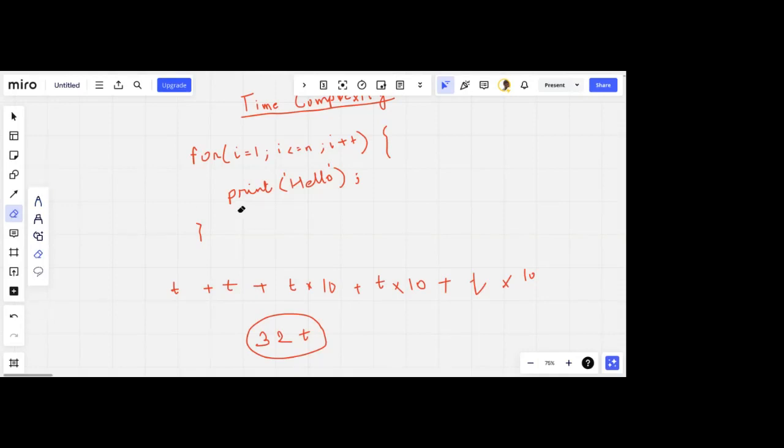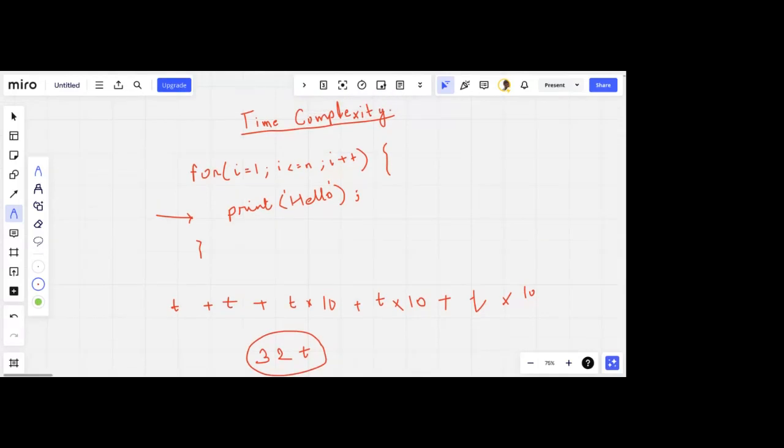Just see that if you are having a loop, what is the innermost statement? So this is the innermost statement. So to determine the time complexity, guys, one hack is you just determine how many times this inner statement would be printed. Okay. So how many times is this inner statement going to be printed? If you are able to determine that, you are able to determine what is going to be the time complexity.